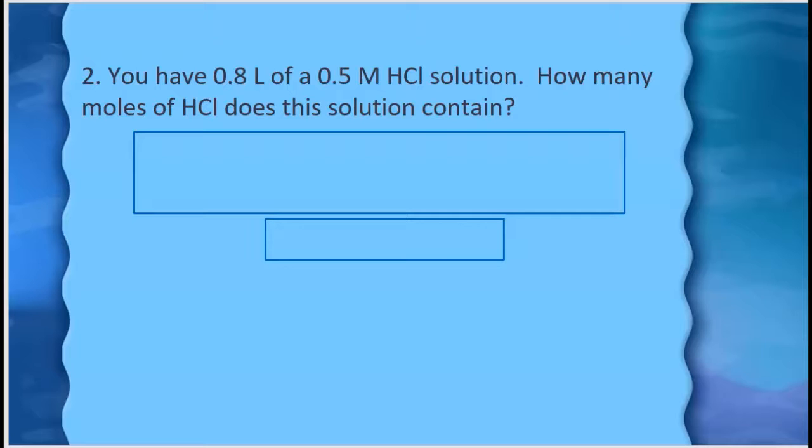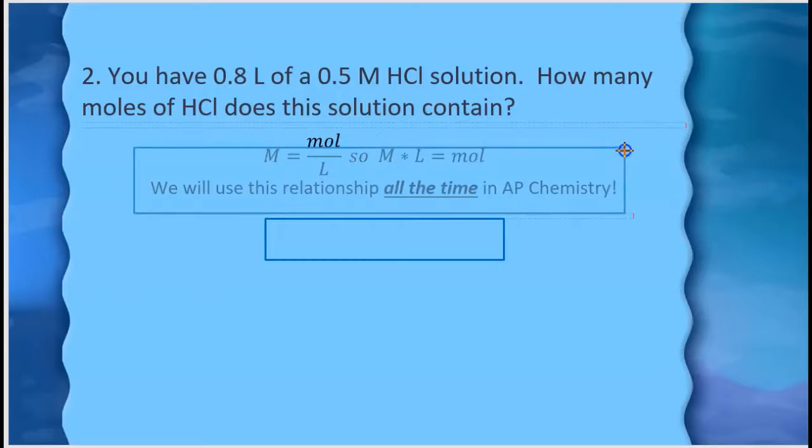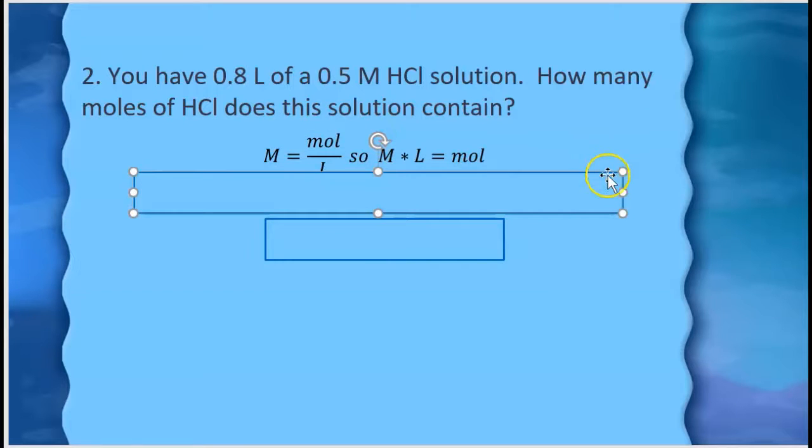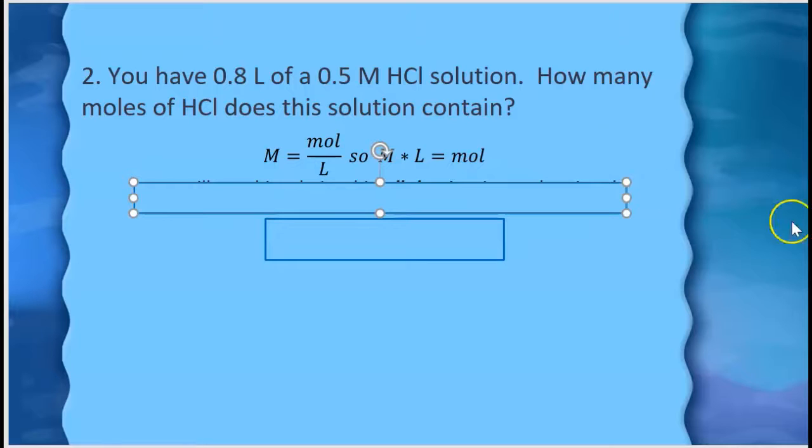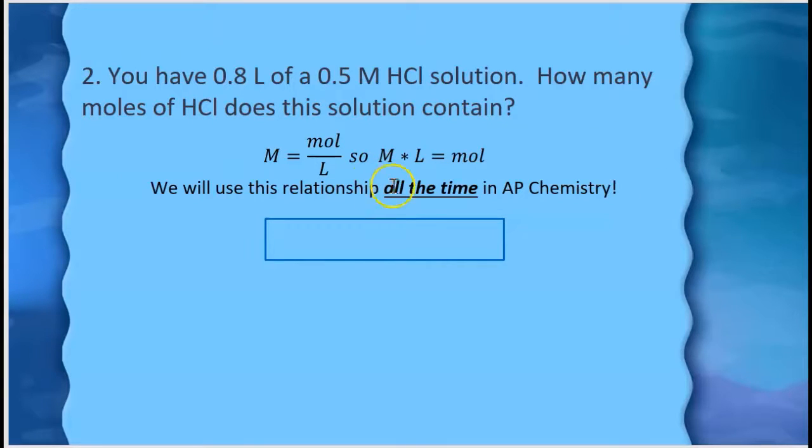Now I have 0.8 liters of a 0.5 molar solution, and I want to think about how many moles of HCl are in this solution. So if I think about molarity again, molarity is moles over liters. So if I have moles over liters, then molarity times liters would be equal to moles.